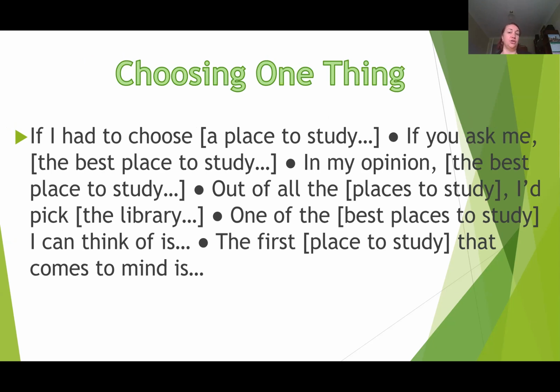If I had to choose, if you ask me, in my opinion, out of all the places, I pick one of the, I can think of this, the first thing that comes to mind. So these are really good ones, especially in part one, when they're asking you what is the best or what is the worst of something. You can choose one thing by using these phrases.